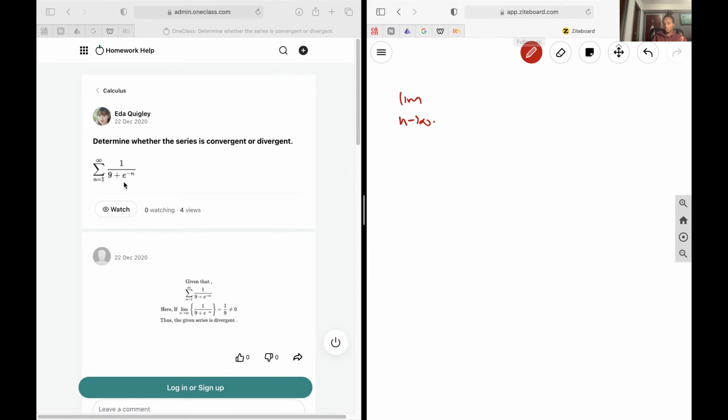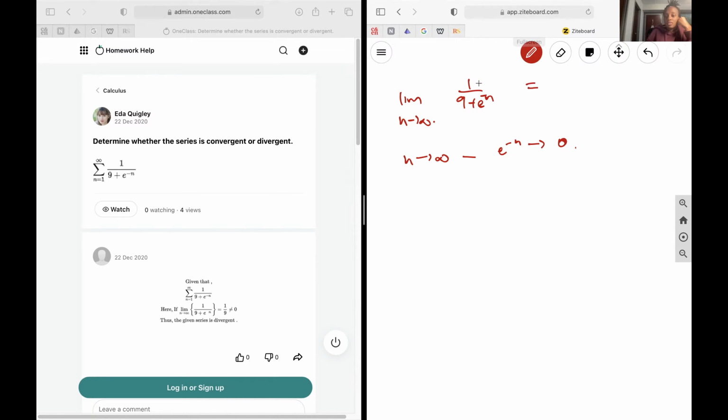I can't convert this summation into a simple mathematical expression like 1 over x or a number, for example. So let's find the limit as n goes to infinity. And so my limit of 1 over 9 plus e to the negative n. Okay, so as n goes to infinity, e to the minus n starts approaching 0, right?